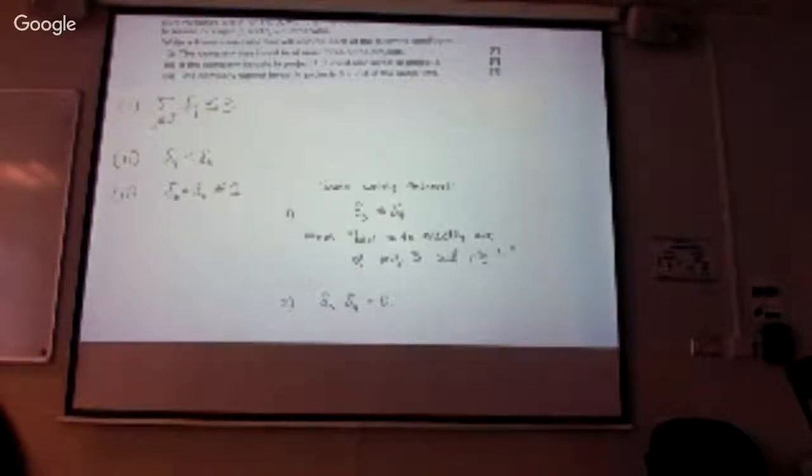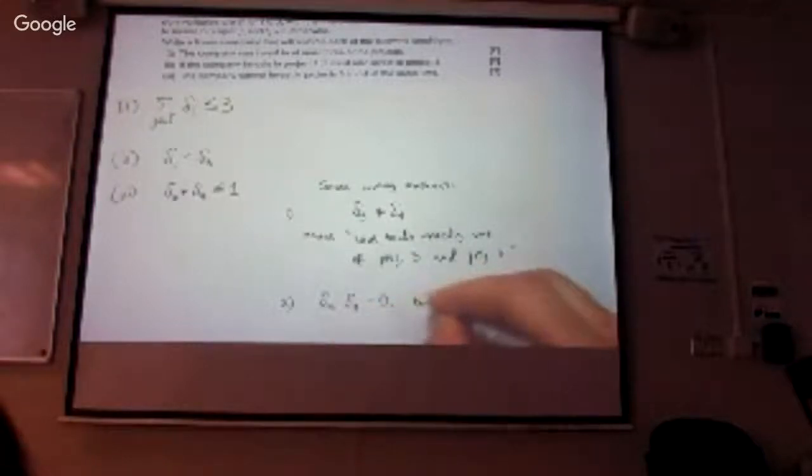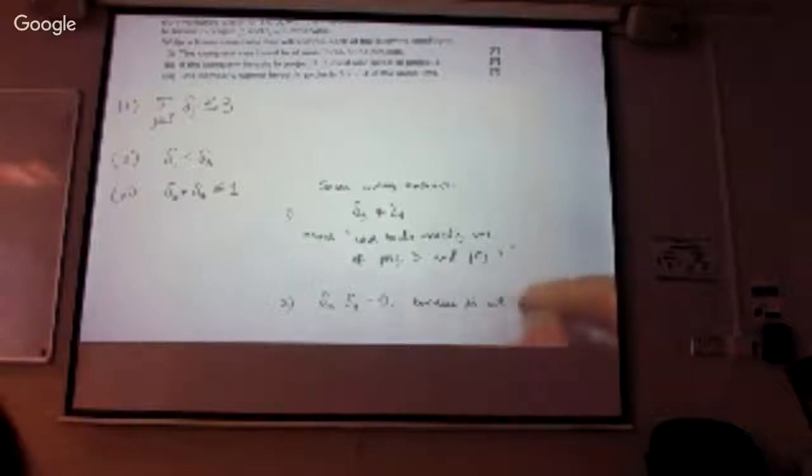This is not linear. So wrong because in linear constraints, you don't multiply decision variables with one another.